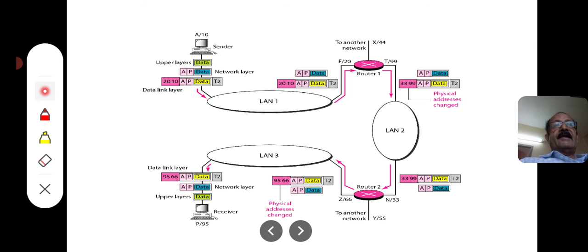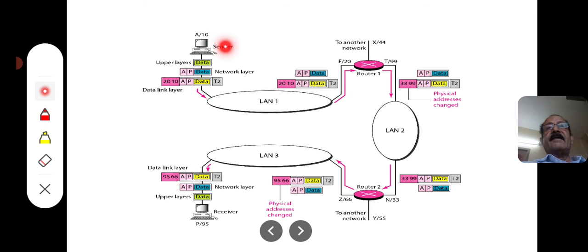So A is sending here, and for router 1 and router 2, any router you take, at the input side and output side, the addresses are different. F is the IP address on the input side of router 1, T is the IP address on the output side. Similarly, 20 is the physical address on the input side, 99 is the physical address of the output. Similarly for this one. Now, let us come to the transmission of data.